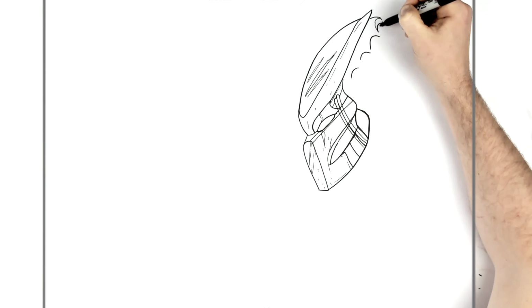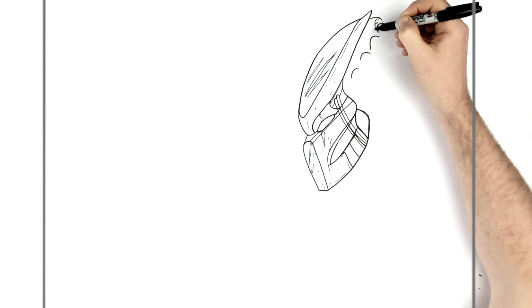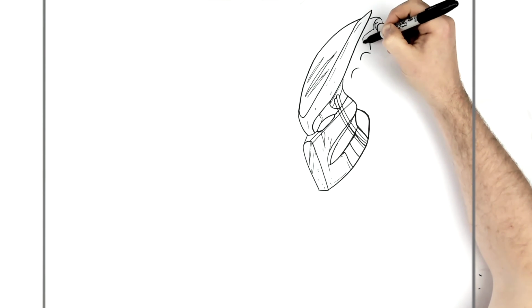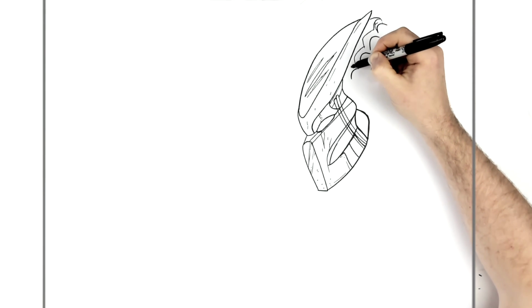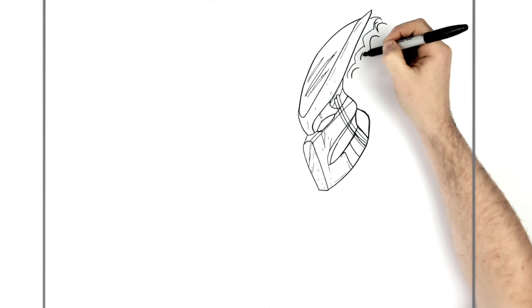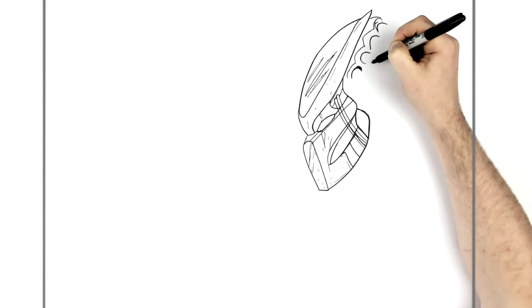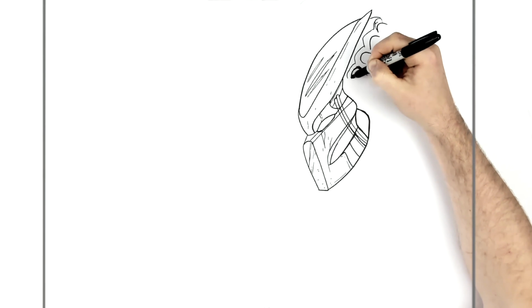So this is all wrinkly skin, coming around his head, there like that. These are the dreads going this way.